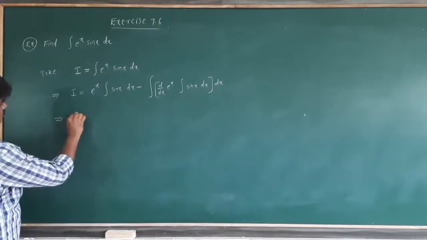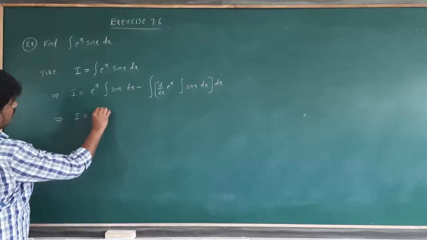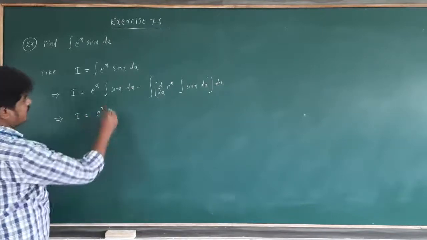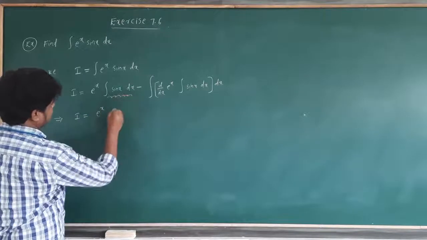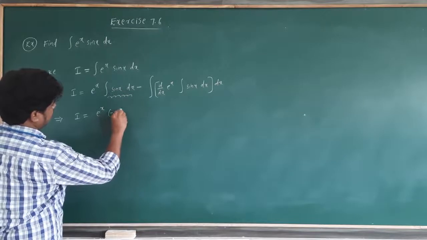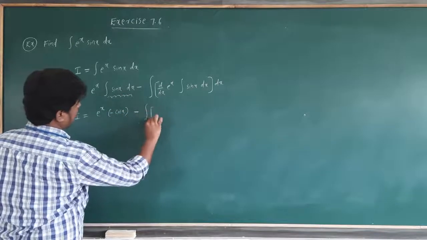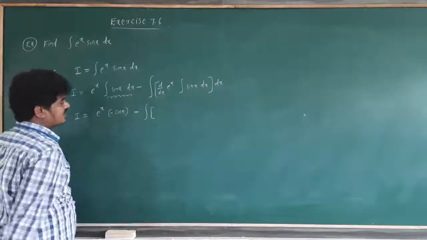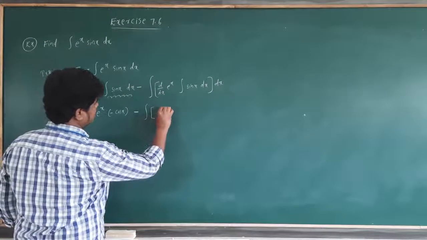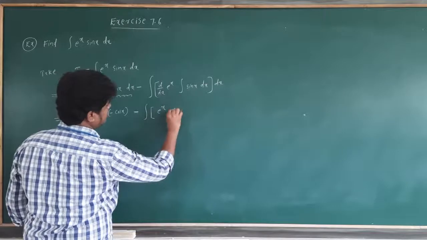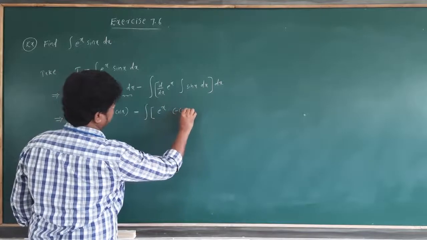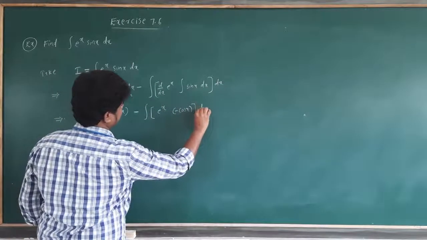I equals e to the power of x. What is the integral of sin x with respect to x? That is minus cos x, minus integral of the derivative of e power x, which is e power x, into integral of sin x dx, which is minus cos x, dx.